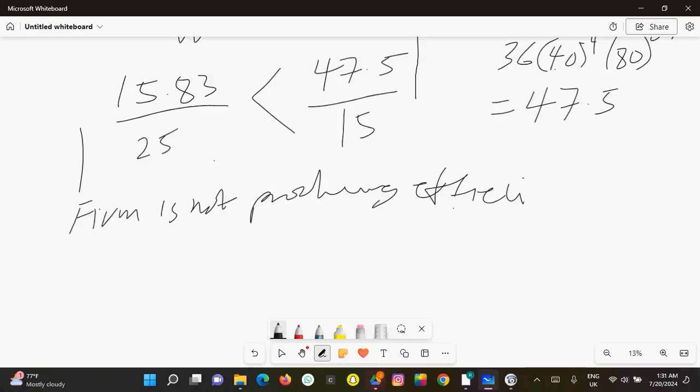And as time goes on, the ratio of marginal product of capital to the rate will fall and then equate the ratio of marginal product of labor to the wage.